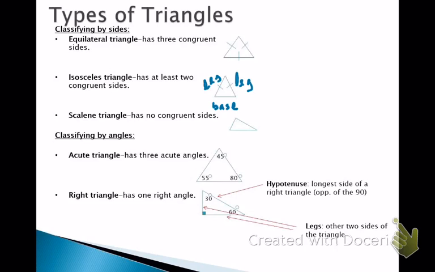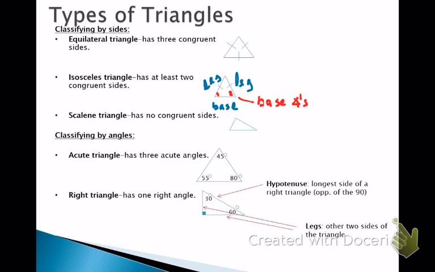Now, since that third side is called the base, we also do have specific names for these angles inside the triangle that are next to the base. So angle 1, angle 2, these guys are called base angles, cleverly called base angles because they're next to the base.